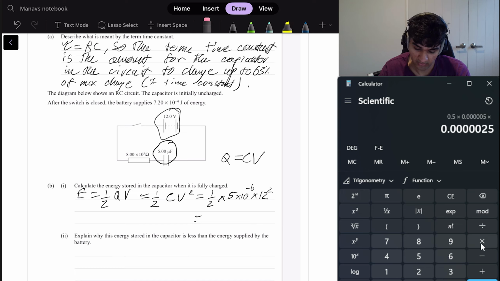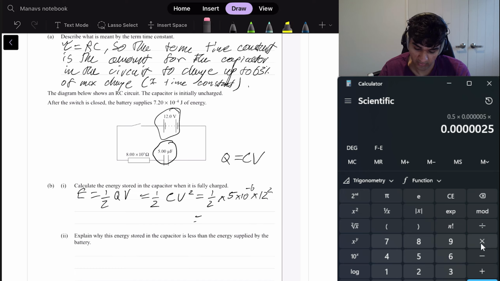Oh, and this half. I don't know how to explain it, but I feel like it's a bit of a BS way of doing it, but it's how I got taught. E equals half QV is the energy in the capacitor.